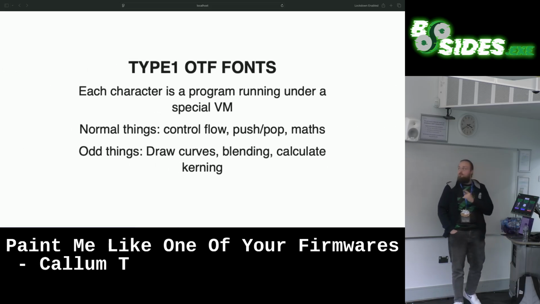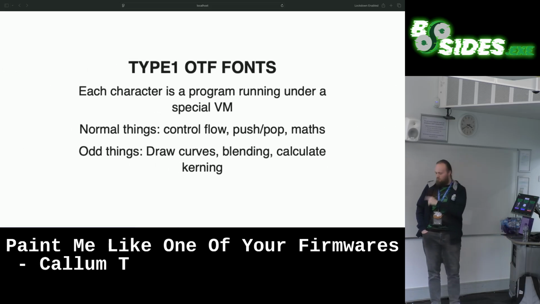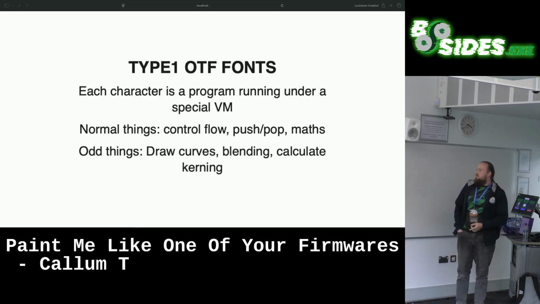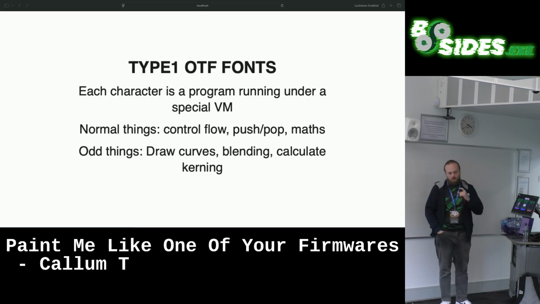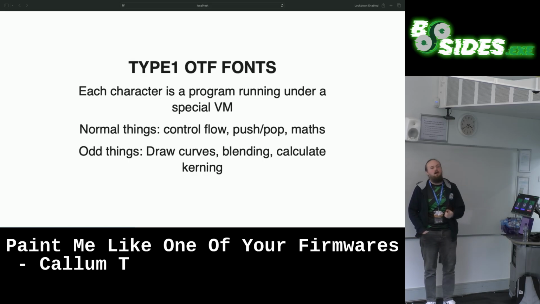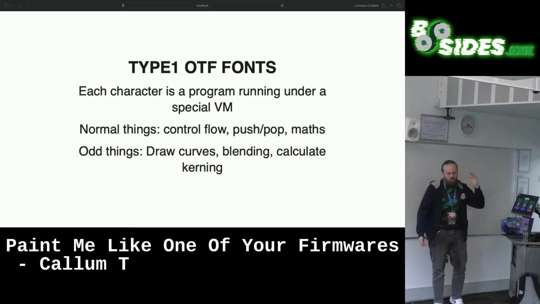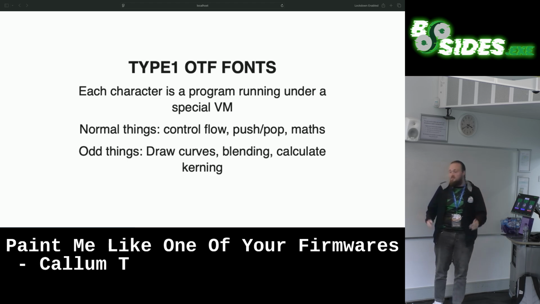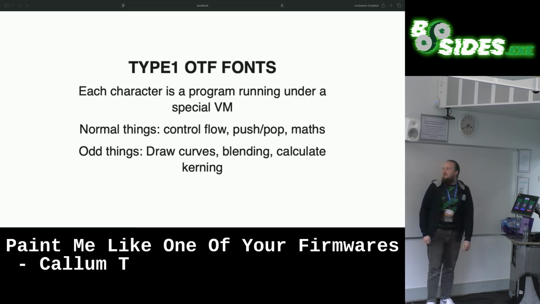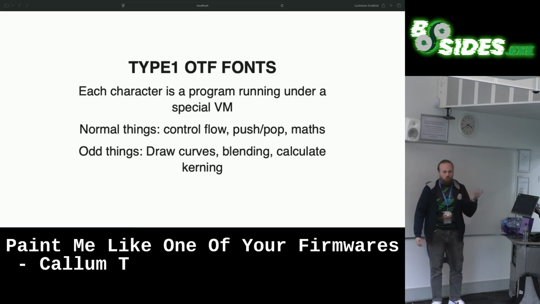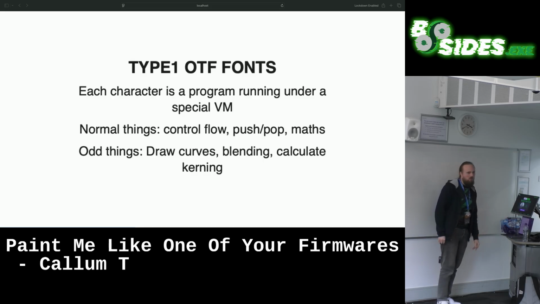And OTF fonts, like one OTF font specifically, there's newer versions of this, but this is the original version, has essentially every single character, every string that you render on the screen is a program that gets executed, and it uses that program to compute lots of properties about the font, how tall the character is, how much space between the letters, etc. And it can do normal VM things, like control flow, but it can also do graphics-focused things as well.